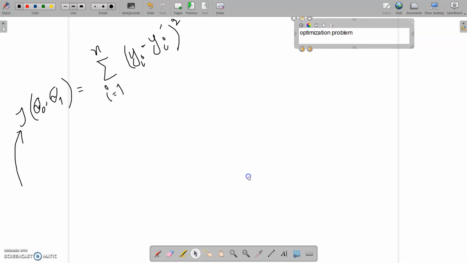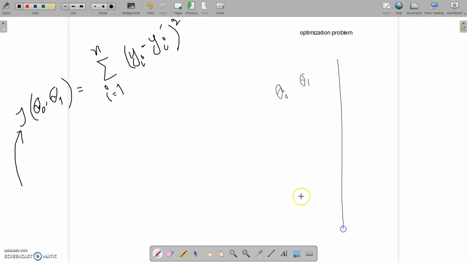So for this kind of scenario, let's try to understand. Say for example, you start with a random value of theta 0 and theta 1. Let's say the points are like this.